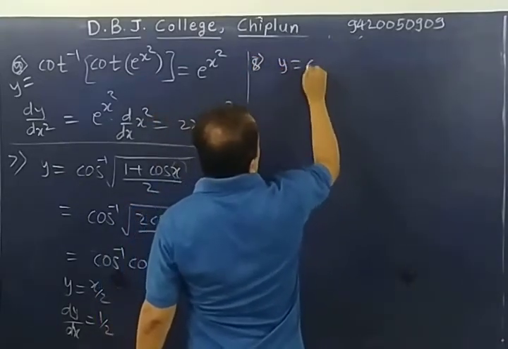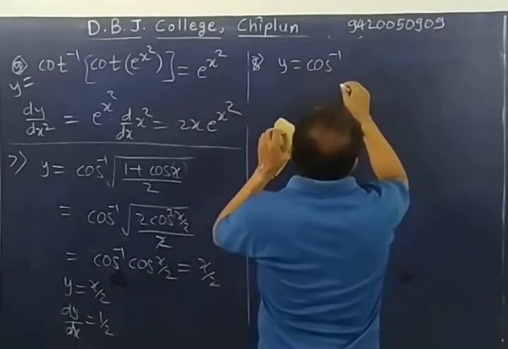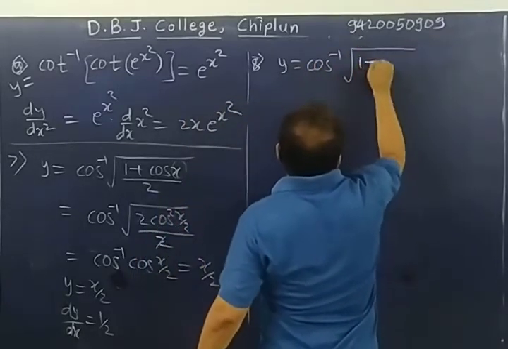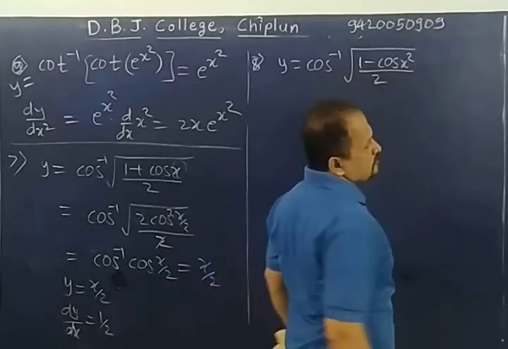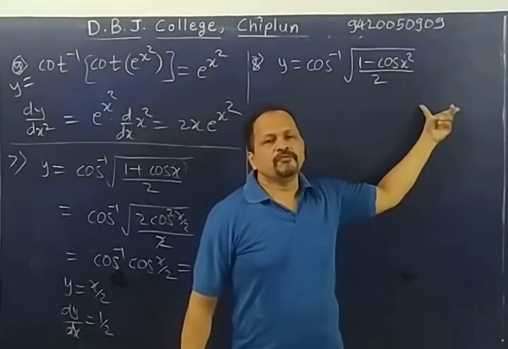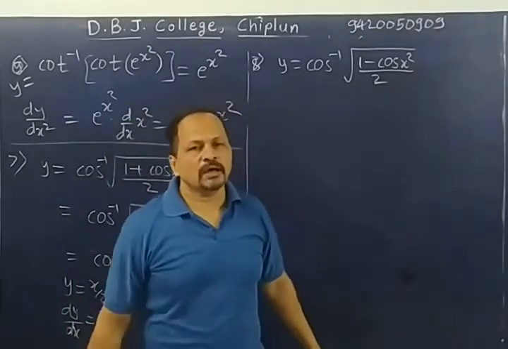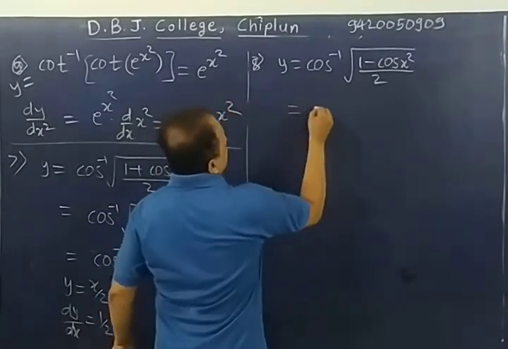y is equal to cos inverse under root 1 minus cos of x upon 2. The second formula written before, 1 minus cos 2 theta is 2 sin square theta. I am going to use it here.